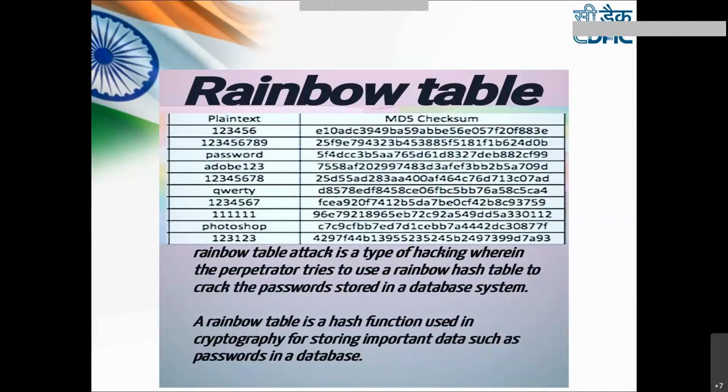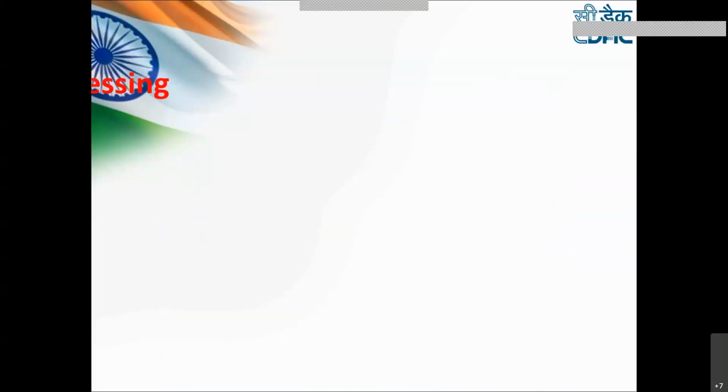A rainbow table is a hash function used in cryptography for storing important data such as passwords in a database. So rainbow table is the current technique of password cracking, so that they use the hash. The hash could be of anything, your MD5, your SHA, AES, and all, and they basically try to attack with those hashes that they have created.